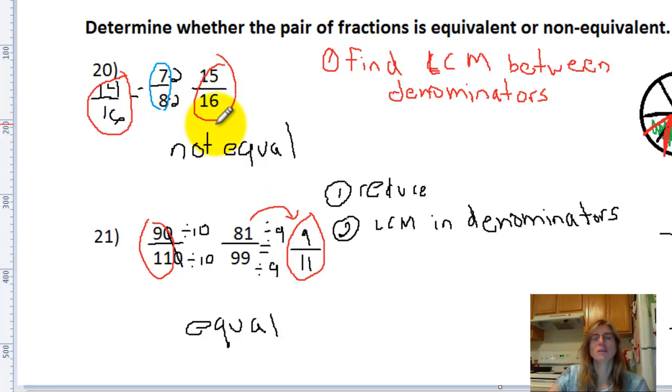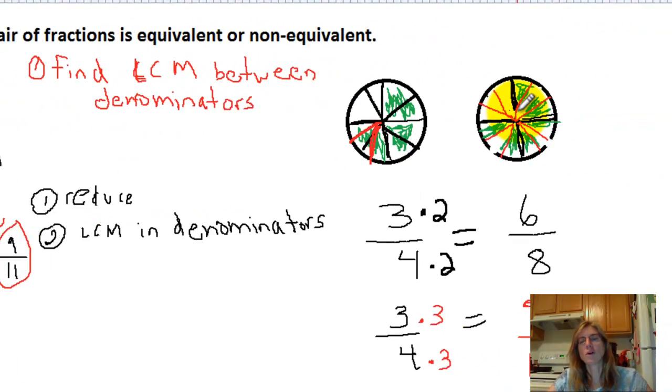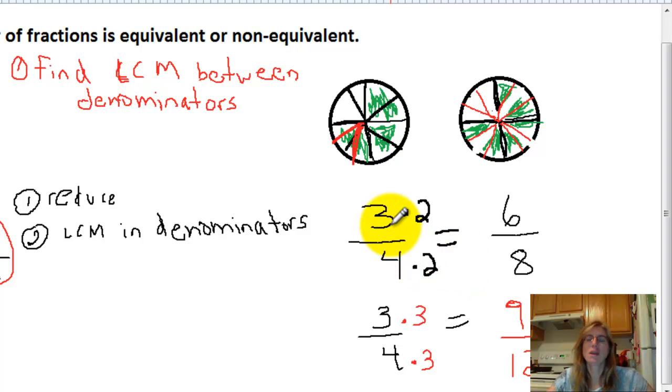In the earlier case, we had to find the least common multiple between the denominators, which was 16. So we changed 7/8 to 14/16. And the picture of how it works is basically that if you have 3 quarters and you cut each of those quarter slices in half, you will get 6/8.